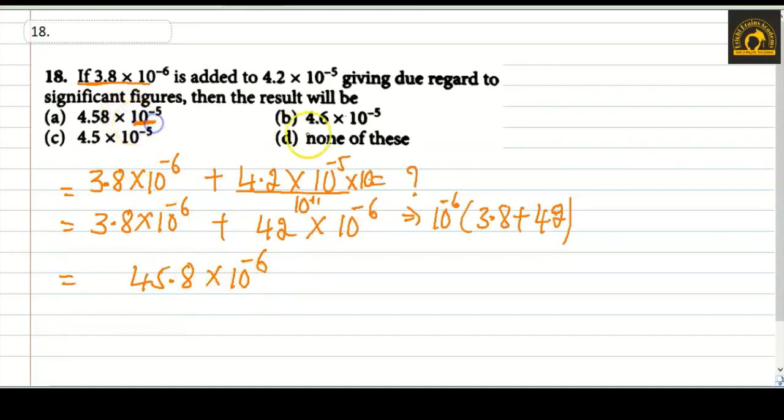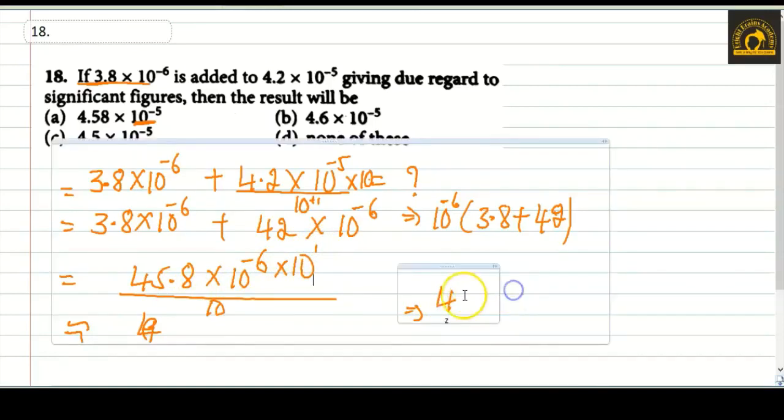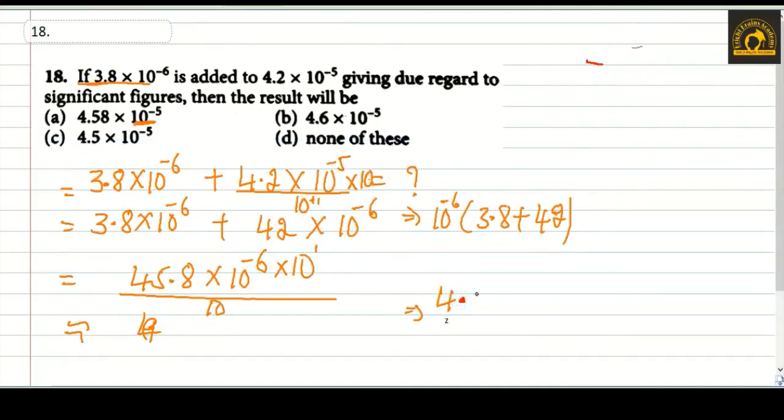So now the result is converted to 10 to the power of minus 5, dividing by 10, that is 4.58 into 10 to the power of minus 5.